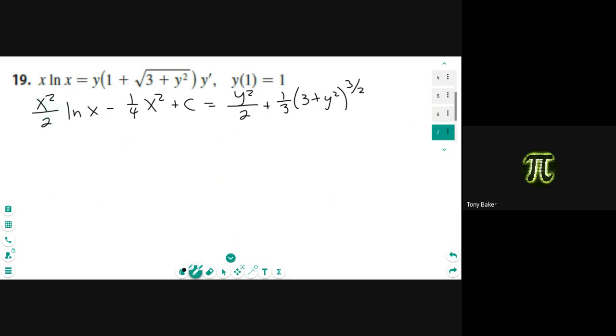So that becomes 1/2 ln of 1, which is 0, minus 1/4 times 1 plus c equals 1/2 plus 1/3 times 4 to the 3 halves. Why does y of 1 equals 1 mean that we can plug in? Because that's x, and that's y. Thank you.